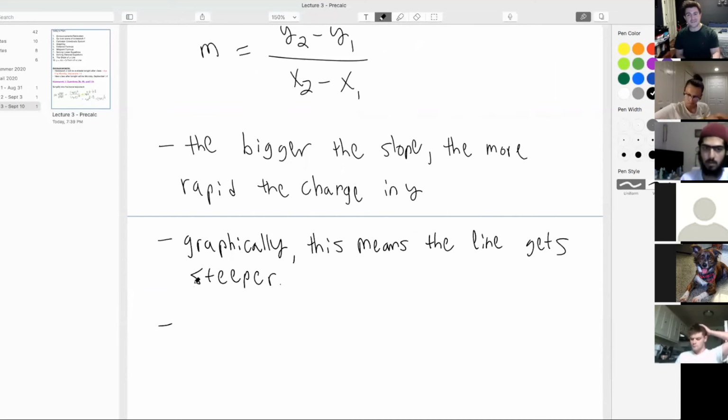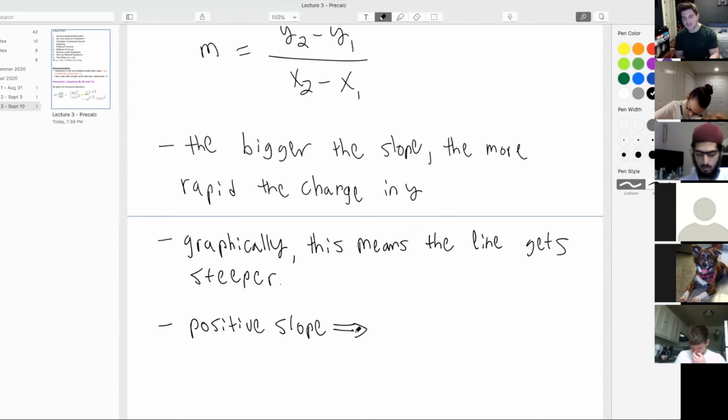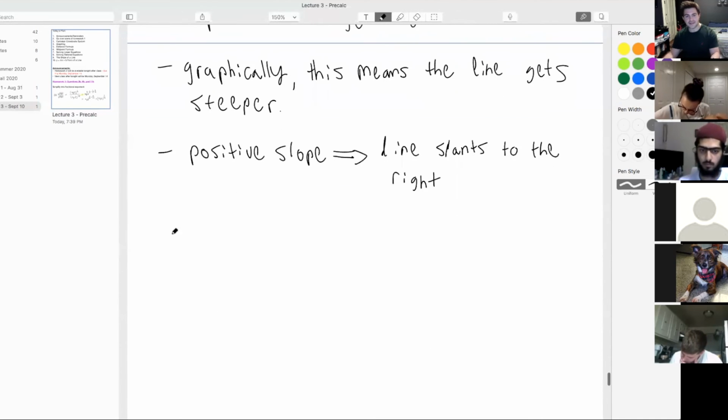Let's talk about the sign of a slope. Positive slope will imply, and that arrow just means implies, the line slants to the right. And how about negative slope?